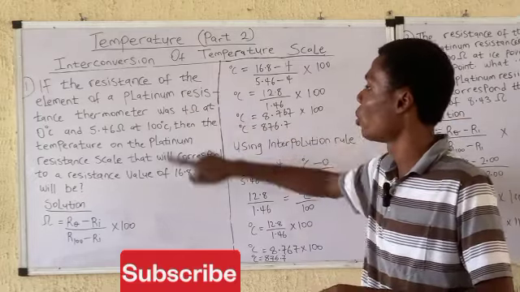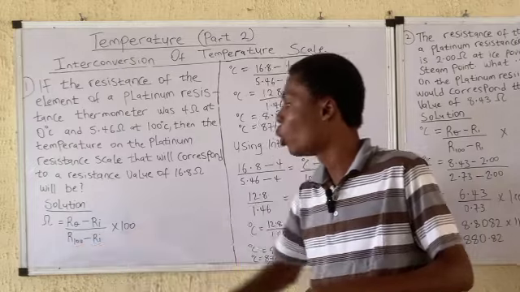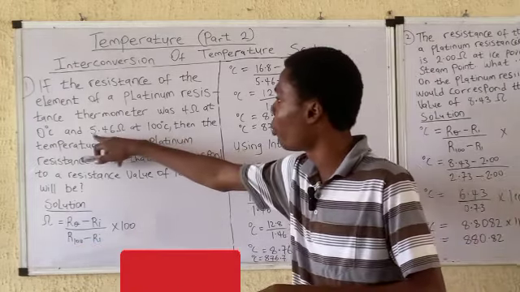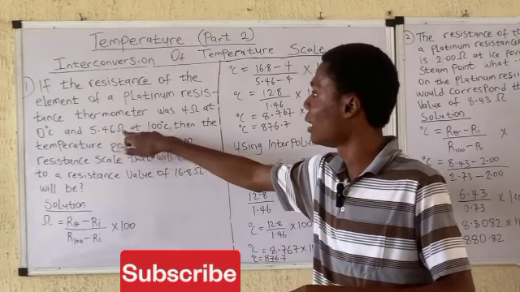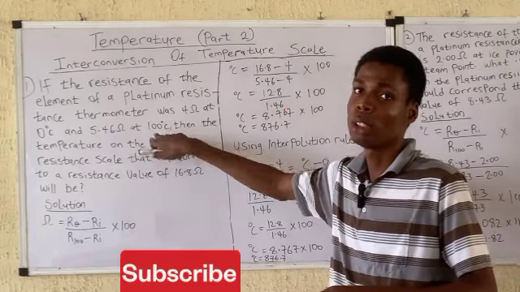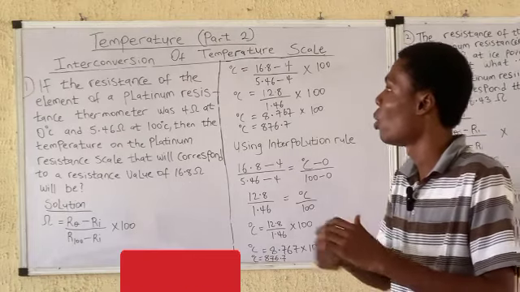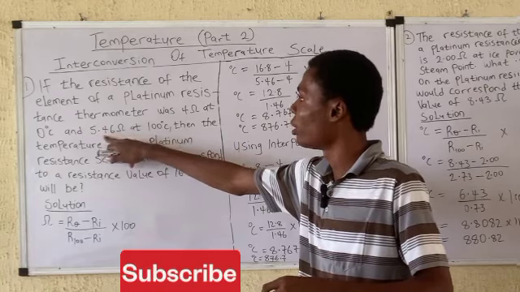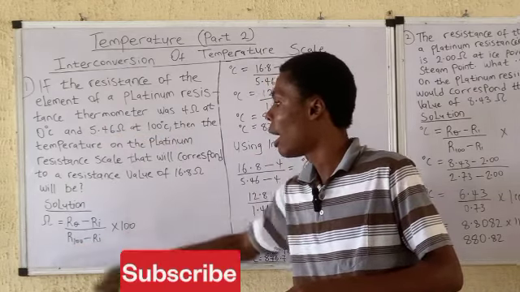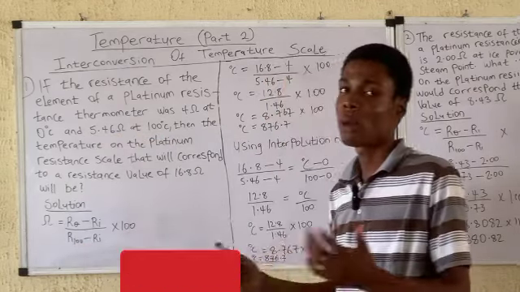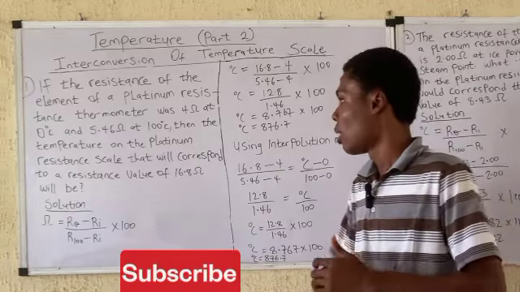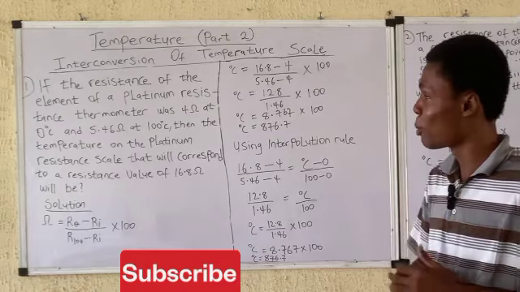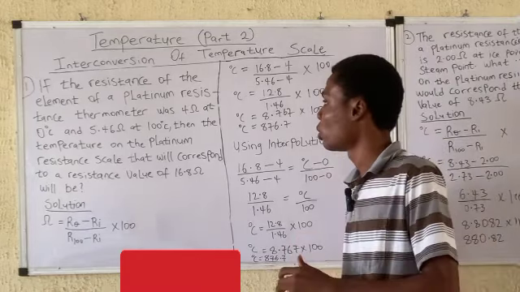So we have 4. That will be our Ri. Then our R100 will be our higher fixed point. Our higher fixed point here is 5.46, at 100 degrees Celsius. So our resistance will be 5.46 for our R100 minus our Ri, still the same lower fixed point.